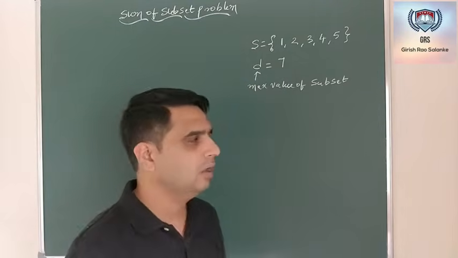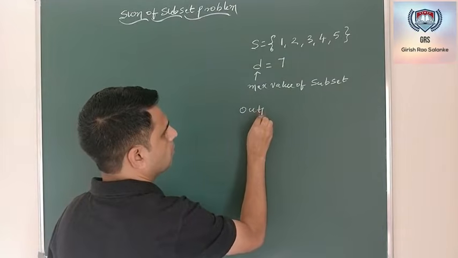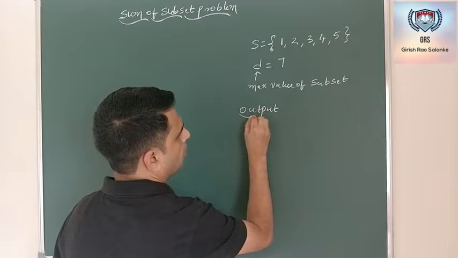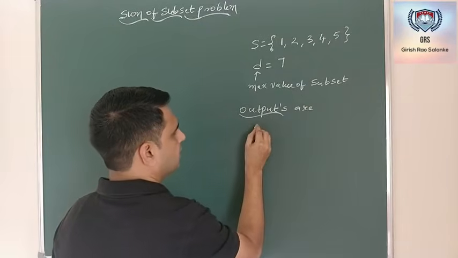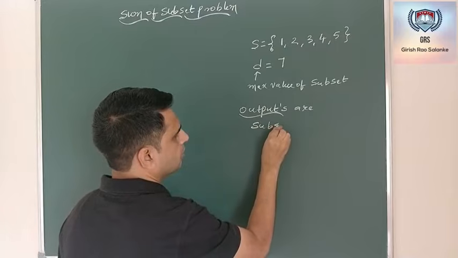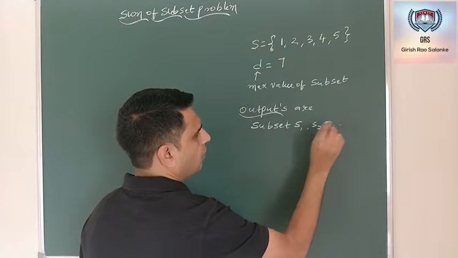And what is the output? The outputs are subsets S1, S2 and so on.